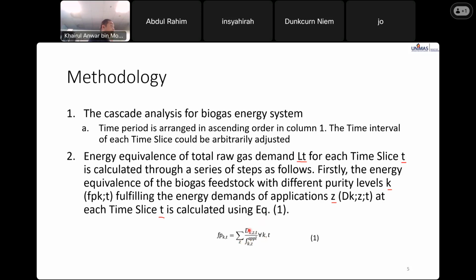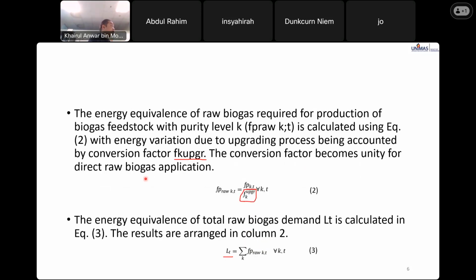The energy equivalent of raw biogas required for production of biogas feedstock with purity level K, FPO, is calculated using equation 2, with energy generation due to the upgrading process being accounted for by conversion factor FKU.